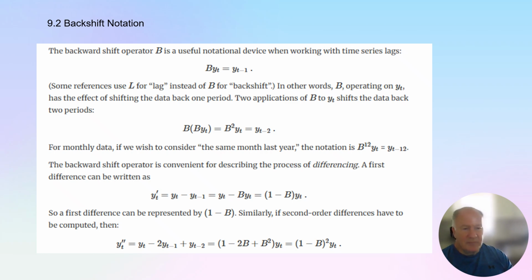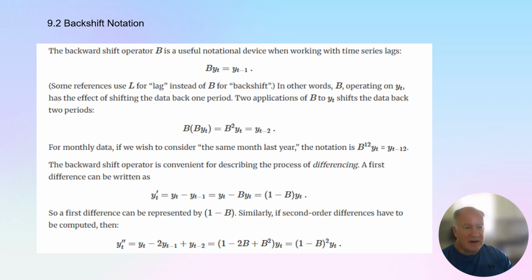So B squared y of t is equal to the value 2 time steps ago. And for monthly data, we can use B to the 12 of y of t, which is equal to the value of y 12 months ago.